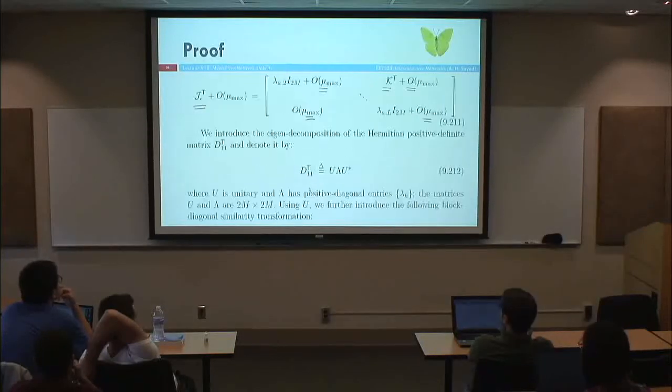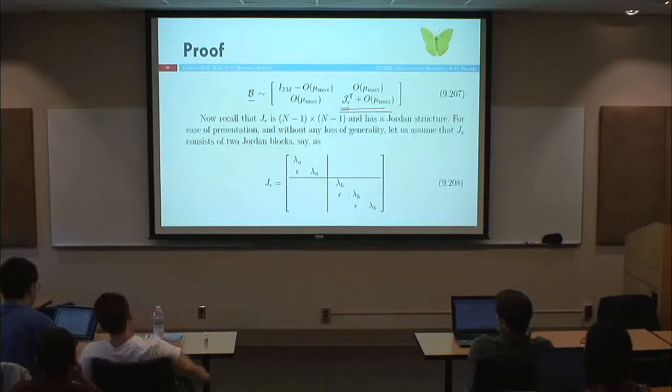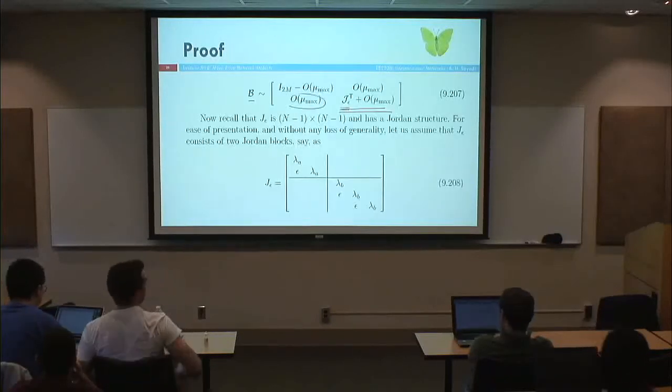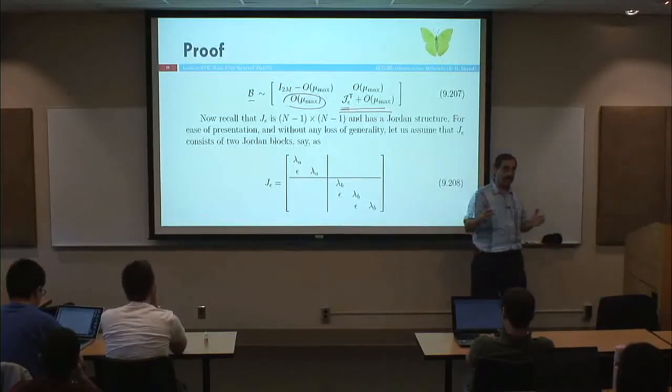Remember, if you go back here, the entries in that column of B were of the order of mu, correct?